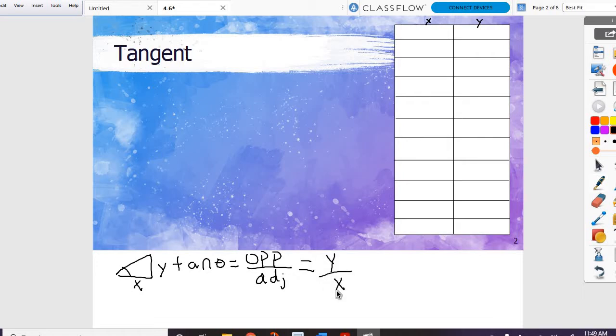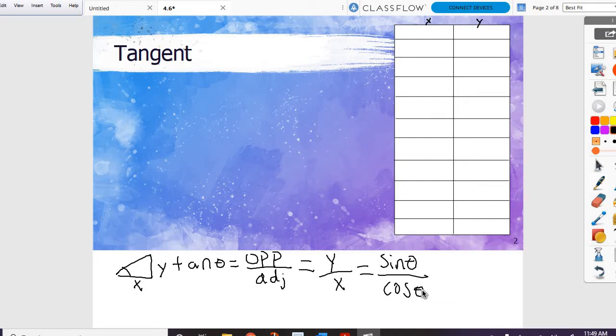Okay. And then what do we know that our x and our y value are from our unit circle? Yeah, so we know that x is equal to cosine, and y is equal to sine, which tells us that tangent is equal to sine over cosine.